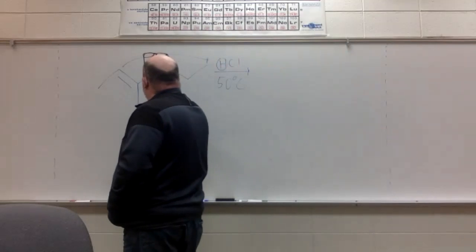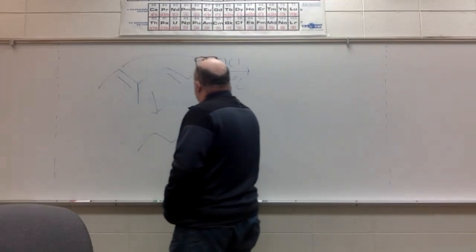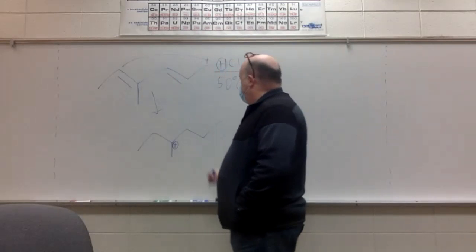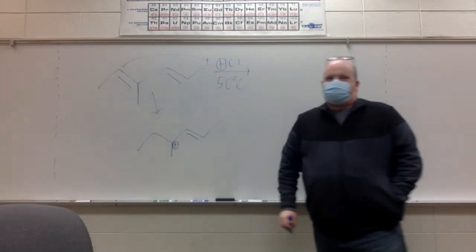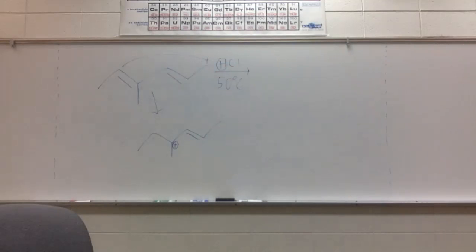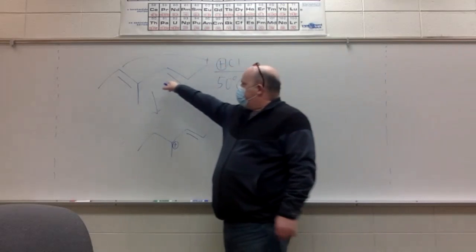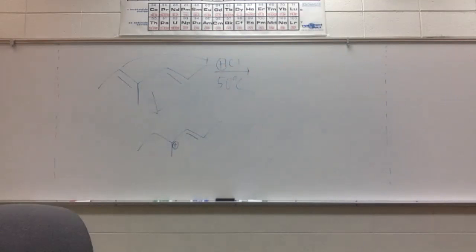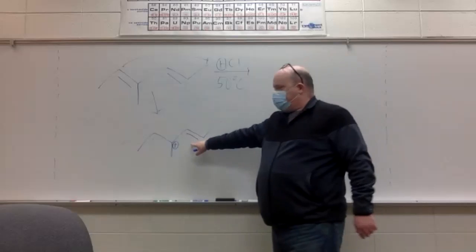Because if you do that, you make a carbocation right there, and you'll see that's a tertiary allyl carbocation. That's the most stable one that you can make. You could try putting the H at any one of these other three spots, but none of them are going to produce tertiary allyl carbocations. So for that reason, you would specifically want to form this one right over here.